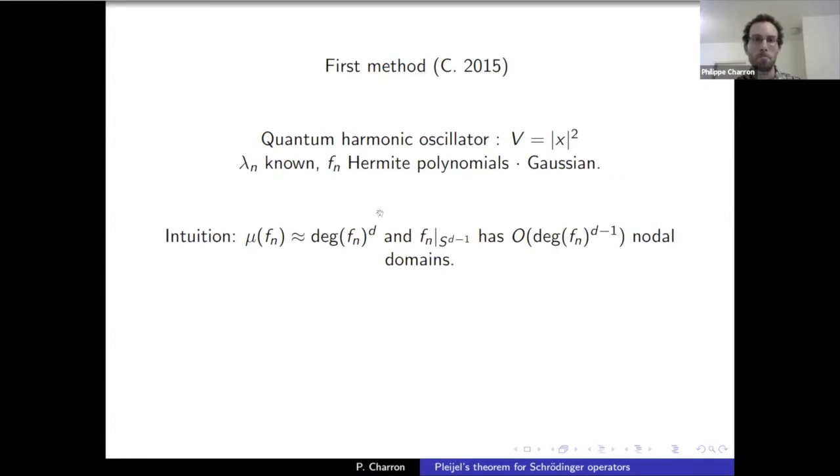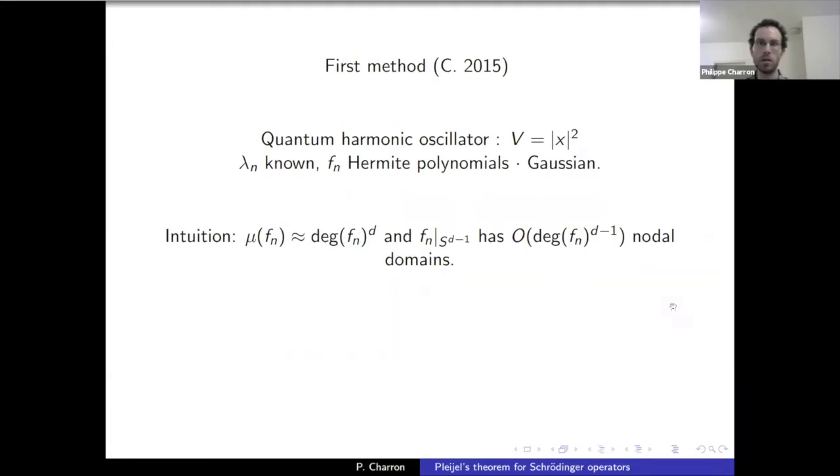From Morse theory, what you get is that the number of nodal domains of a polynomial is kind of like the degree to the exponent of the space, so degree of Fn to the d. But if you restrict to a sphere, you should have degree of Fn to the d minus 1 over each sphere. That's made actually precise. There's a direct estimate that you can have with explicit constants, that big O here, and also here.